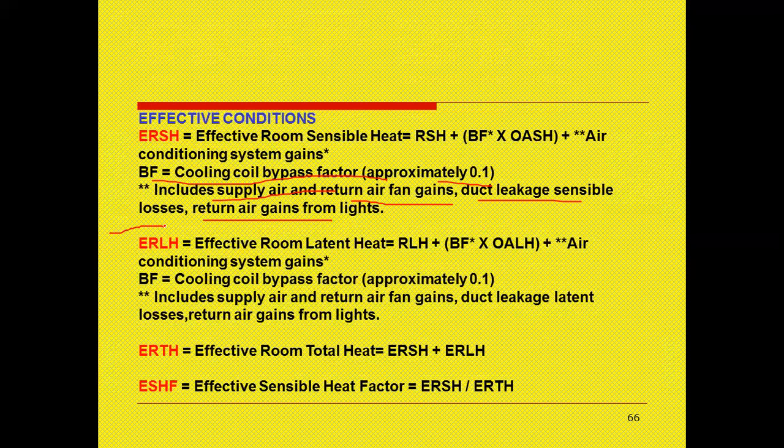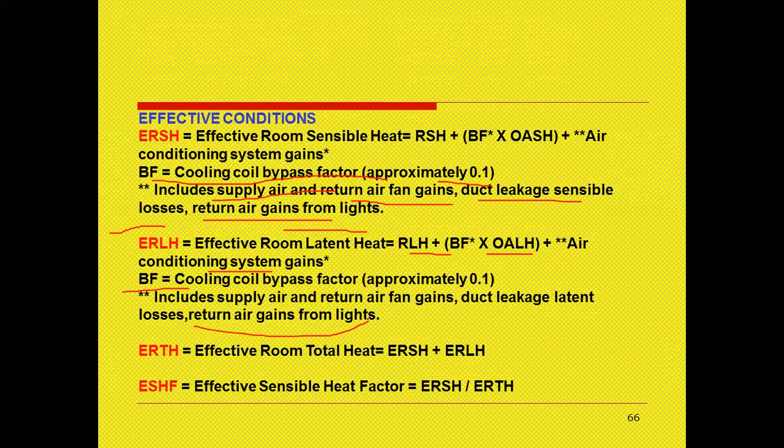Then ERLH is the effective room latent heat. That implies RLH plus BF into OALH plus air conditioning system gains. BF is the cooling coil bypass factor, approximately 0.1, which includes the supply air and return air fan gains, duct leakage, latent losses, and return air gains from the lights.